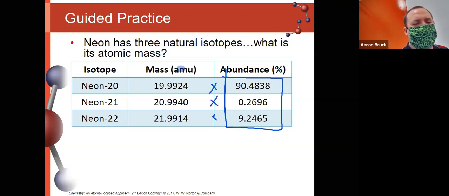If I multiply an atomic mass by its percent abundance to the correct number of significant figures for each one, and then add those three numbers together, I will get an inflated value of the mass. And the reason I'll know it's inflated is when we do this, the number is going to be really large.